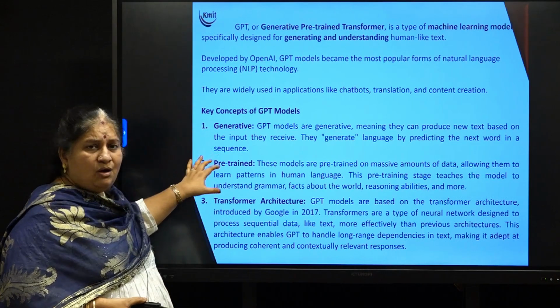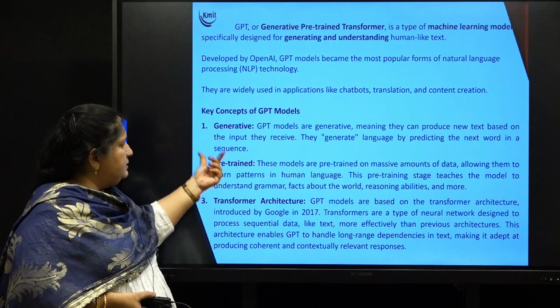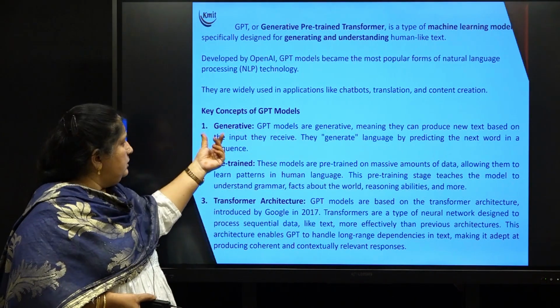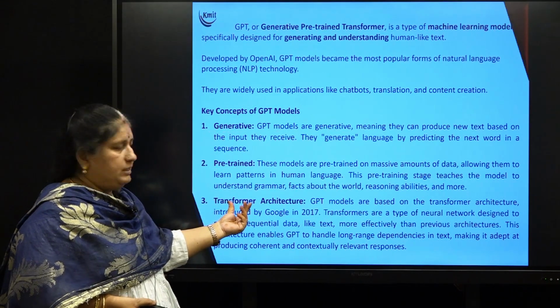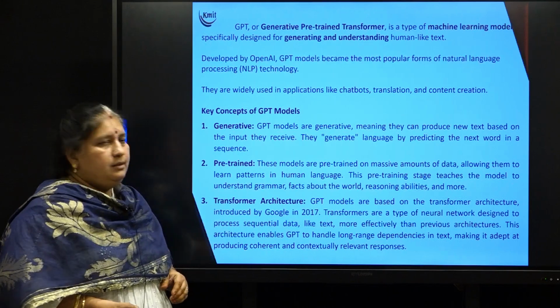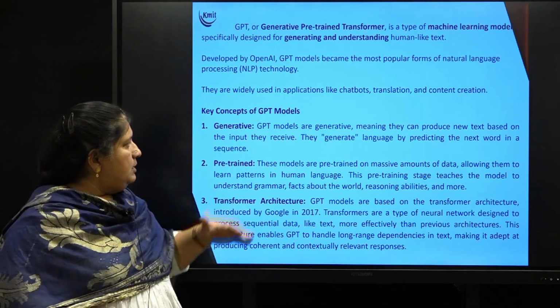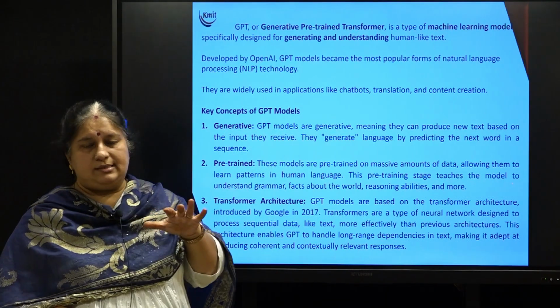What are the key concepts of GPT models? As I told, we will be concentrating on the three keywords in the abbreviation: generative, pre-trained, and transformer architecture. Generative: the GPT models can produce new text.